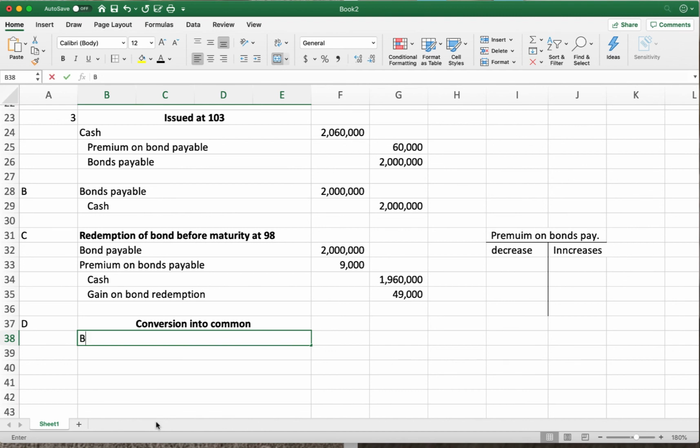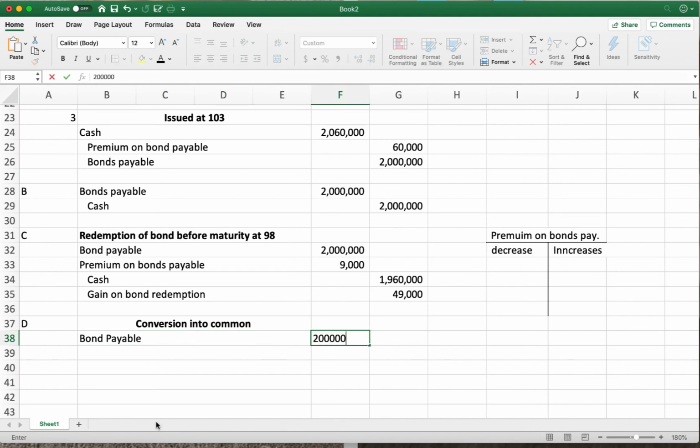Perfect. I need to debit bonds payable. Why? Because I'm decreasing the bonds payable account. I'm satisfying that liability, right? Because I'm giving them common stock. So we're going to debit bonds payable for $2 million.